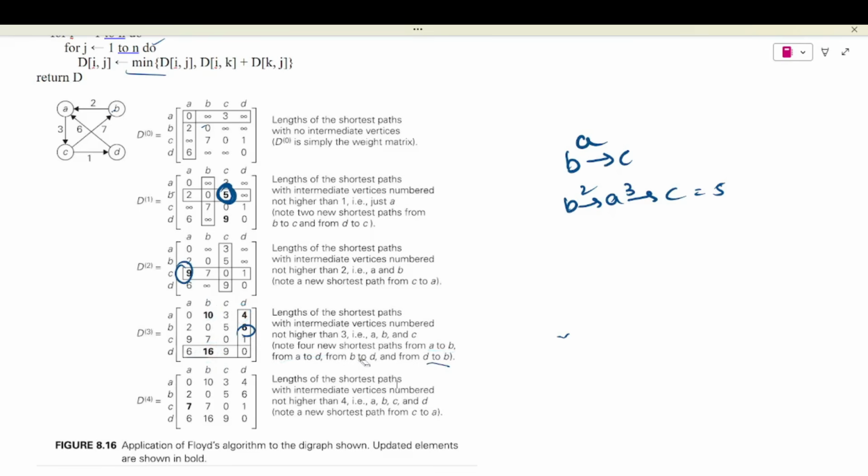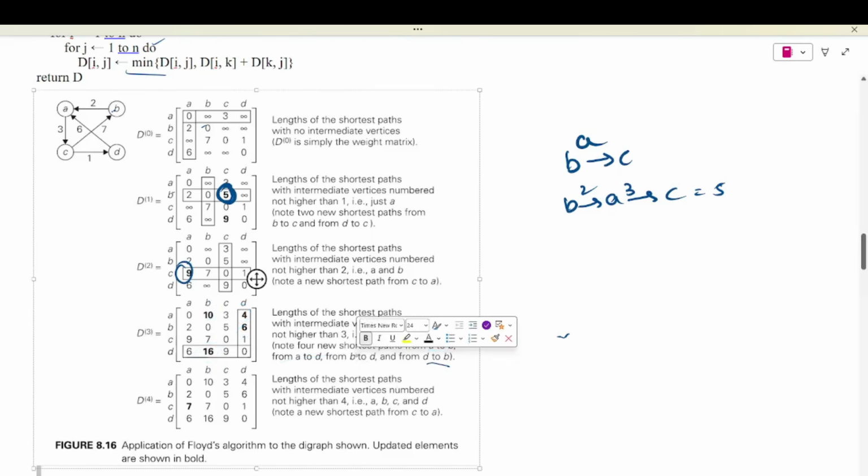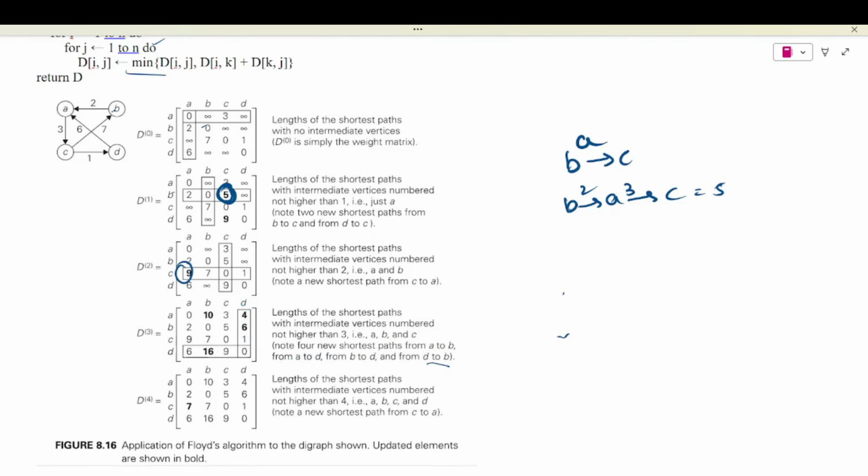One second, I am checking through it. Here they have given, here it is.